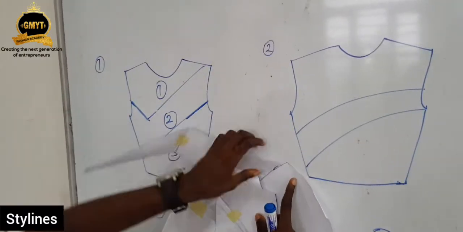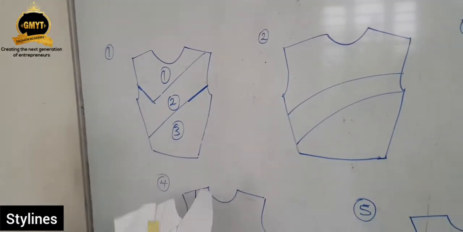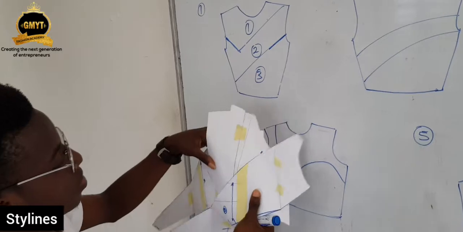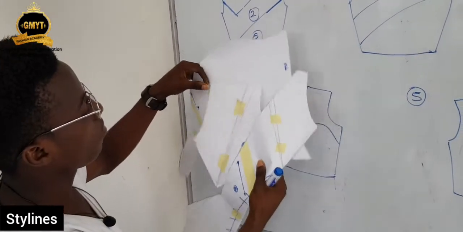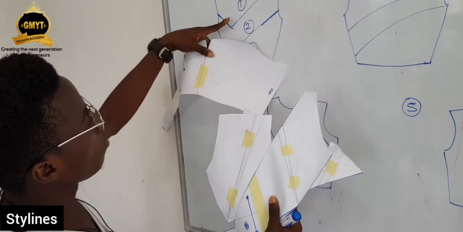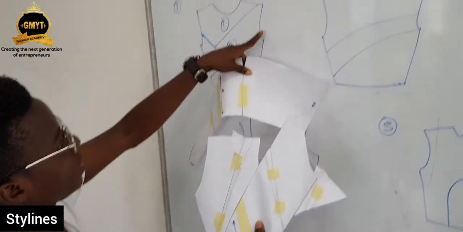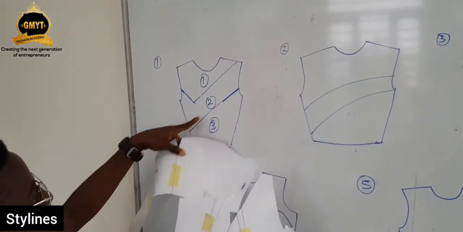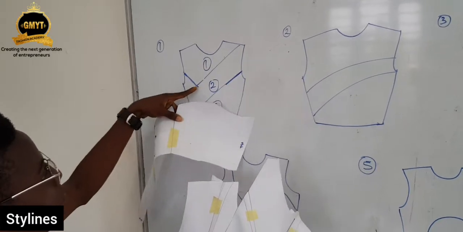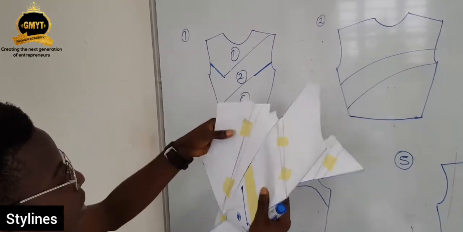So all we need to do is to add seam allowance. You are adding seam allowance in order for you to join them together. So number 1 connecting to number 2, number 2 connecting to number 3. There is a seam allowance of half an inch in between them in order for you to sew them to each other.